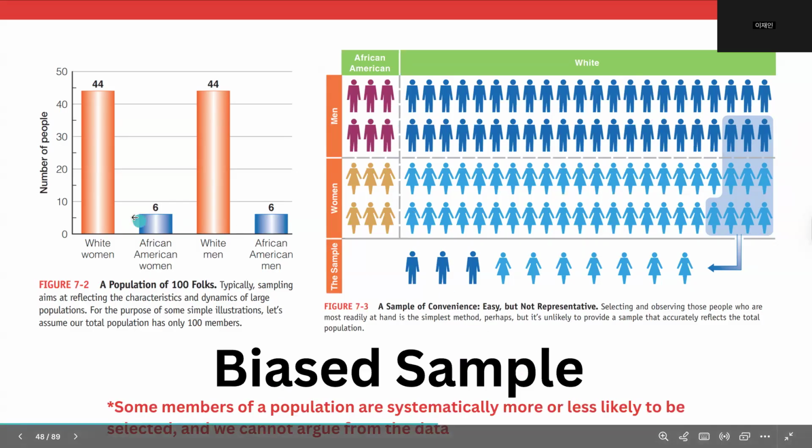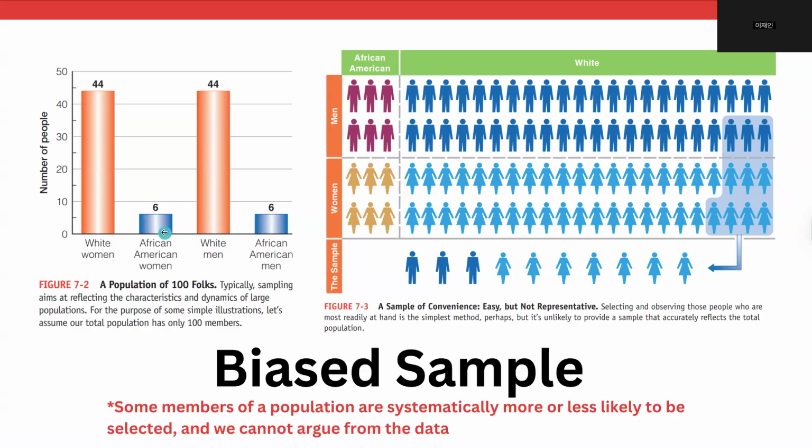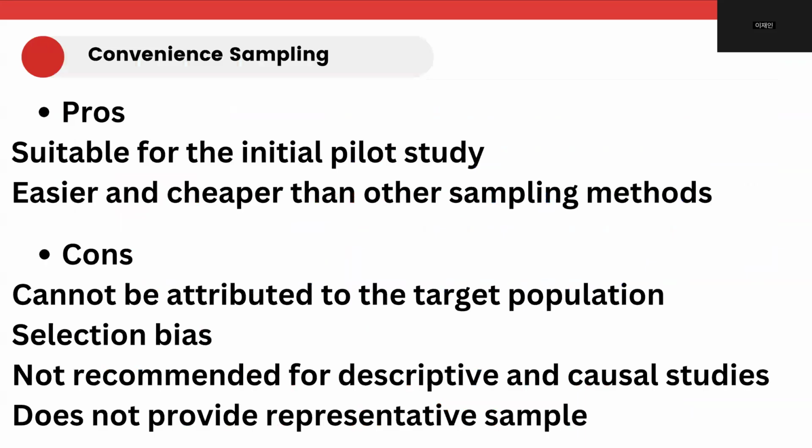Even though the numbers of African American women and men are small compared with non-Hispanic whites, you are not collecting their data, so you are losing the information from them. So a biased sample is losing the representativeness of the sample.